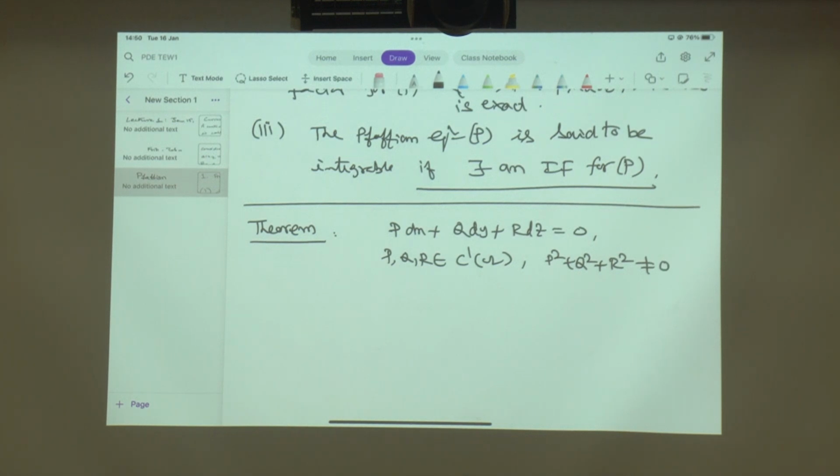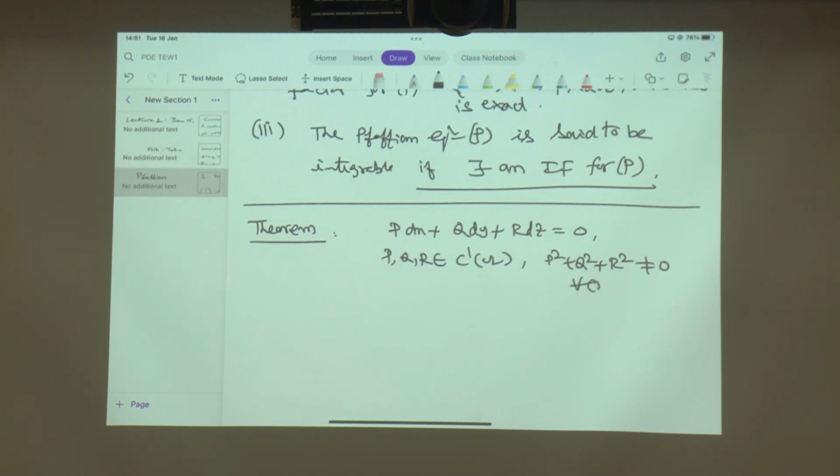So I have written p square plus q square plus r square, which is a function of three variables, is not equal to 0. That means it's not a 0 function. But then there's a problem, no? If I say it's not a 0 function, it can become 0 at some places. Therefore, this is not correct. We should not do this. It's never 0. That's what we want.